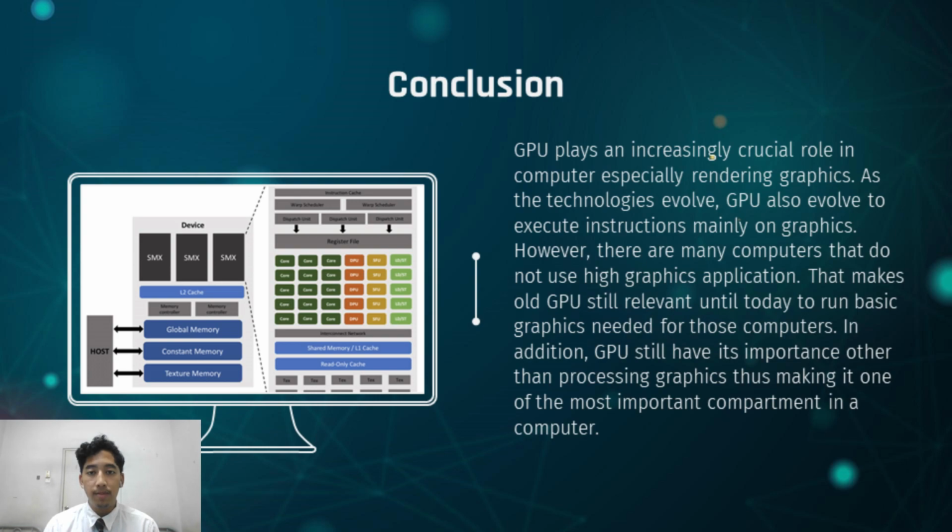That makes old GPUs still relevant today to run the basic graphics needed for those computers. For example, if you have ever heard about AMD Radeon graphics, the oldest version of the GPU is still used today, but only for old Windows or old computers with low specs.